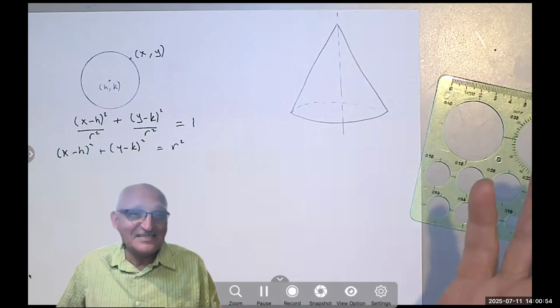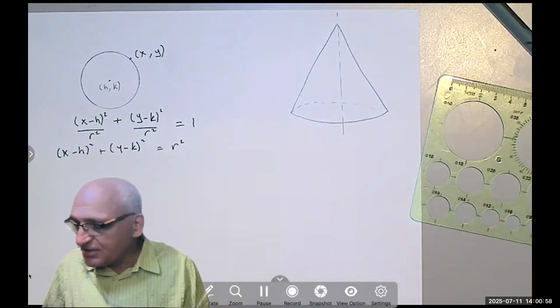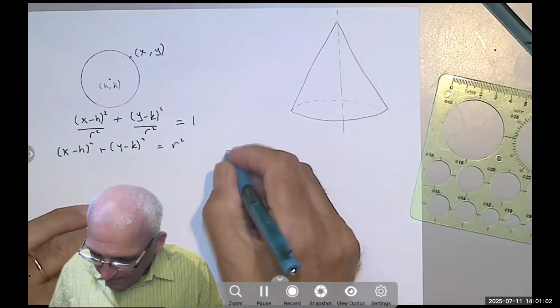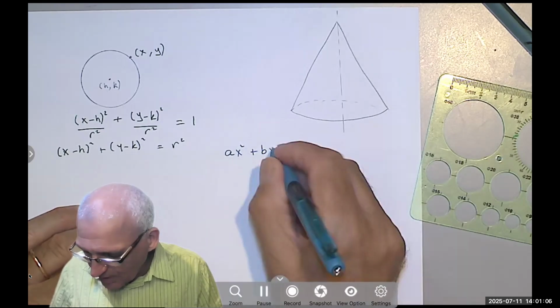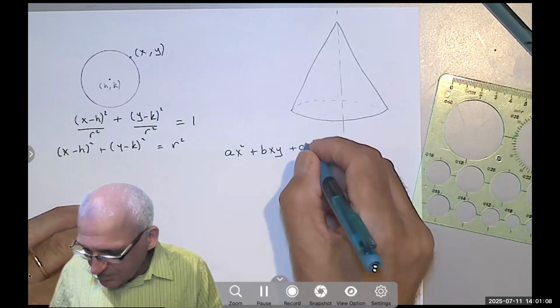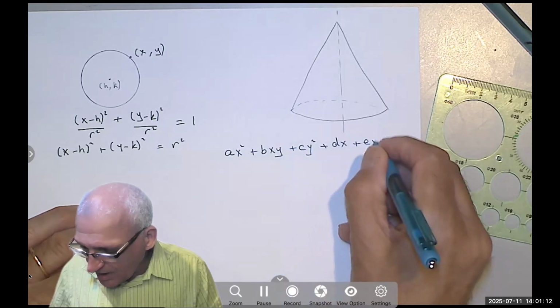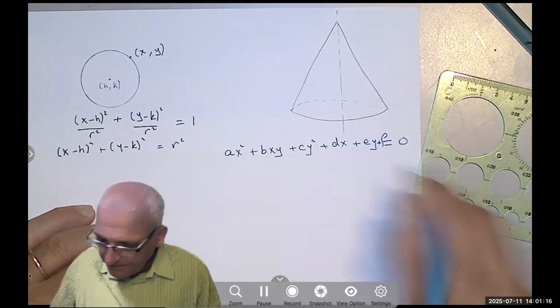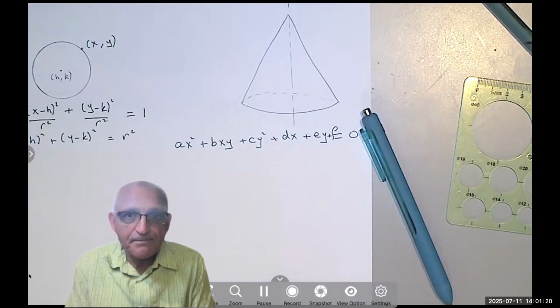So, in fact, there is nothing more to say about that. However, sometimes you will be given an equation in this form: Ax squared plus maybe bxy plus cy squared plus dx plus ey plus f, a constant, equals 0. That's the general equation of a conic section.